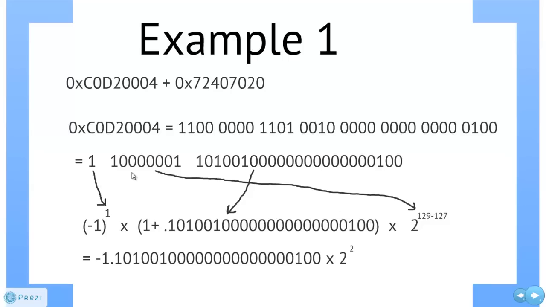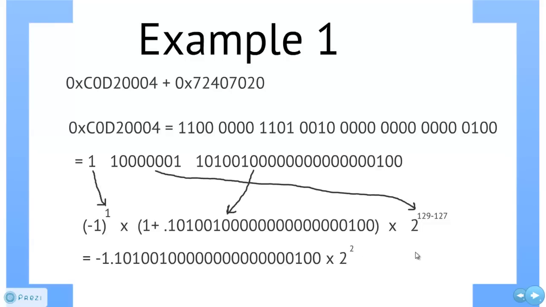Then you're finally going to take this 8-bit exponent, which in this case is 129. You're going to subtract 127 from that, and you're going to get 2 to the 2. So the final value that you get is -1.1, then the rest of these zeros and ones, times 2 to the 2.